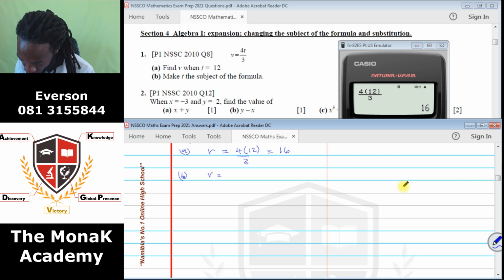We know V equals 4t over 3. First thing, get rid of the fraction. Let me multiply by 3. Makes this 3V equals 4t. And then divide by 4. So it becomes 3V over 4.